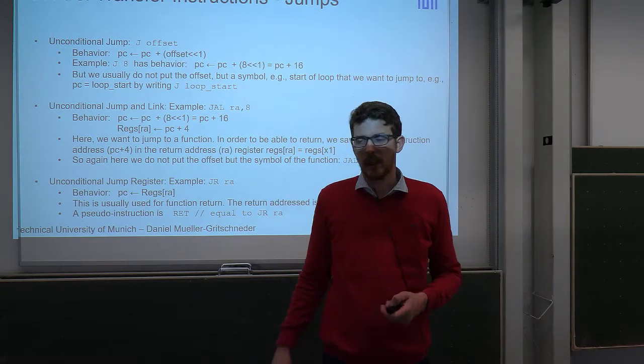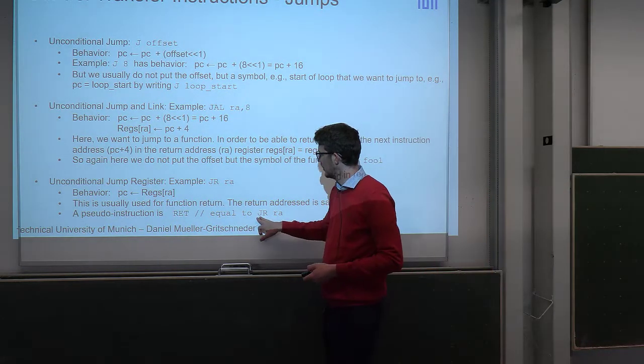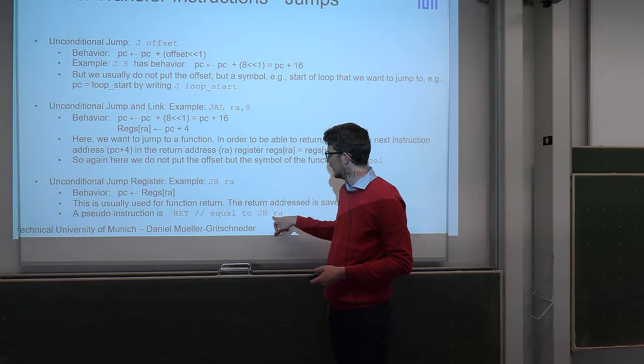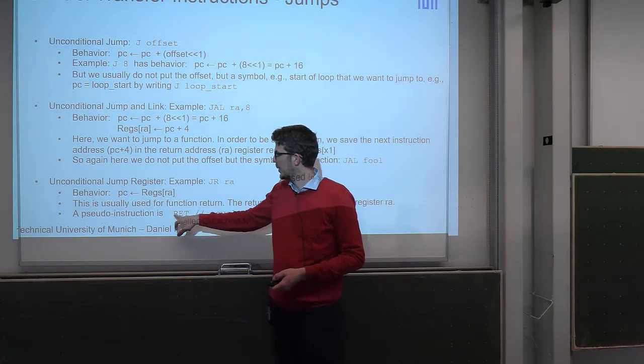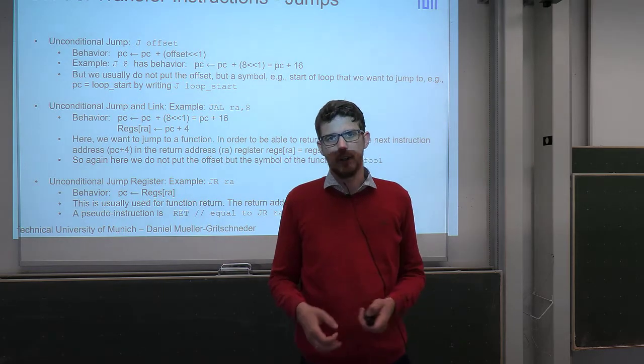And this is for the function return. In order to make it a little bit simpler, you don't have to write this jump to register RA. There is also a pseudo instruction called ret, and this means you want to return from the function.